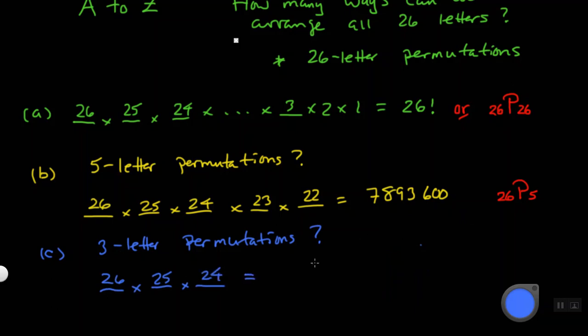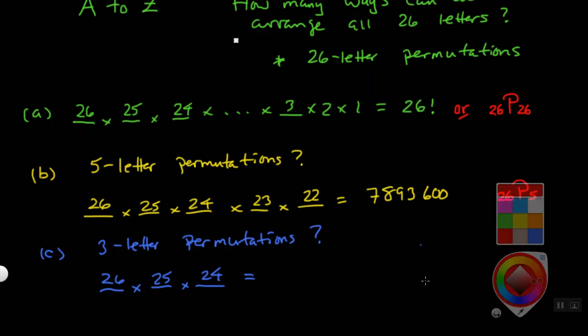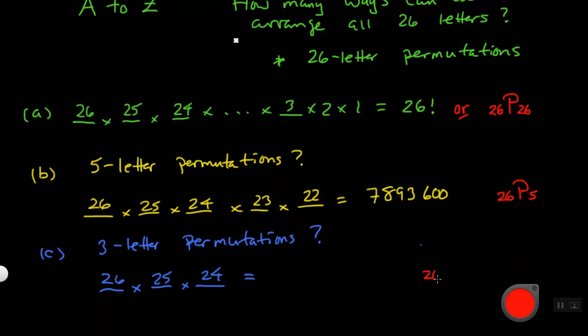And of course, probably just easy enough to type that in, but I want to convince you that this notation also works, whether it's more convenient or not. It's probably not the case here. But 26P3 is taking a permutation of size 3 from 26 distinct items, and please keep in mind that those items have to be distinct because no repetition is allowed here in this context as well.